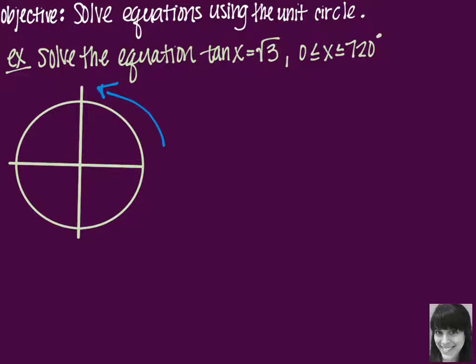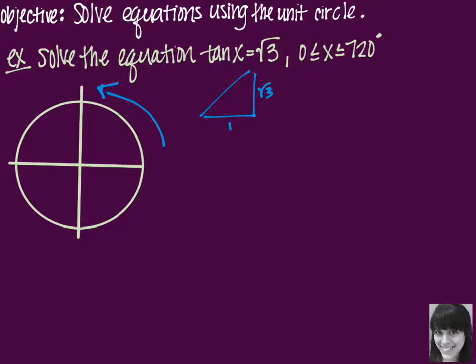I know that whenever I'm dealing with square root of 3, I'm probably dealing with a 30, 60, 90 degree triangle. So if you want, you can always draw that, and then square root of 3 is the opposite, and the adjacent would be 1.